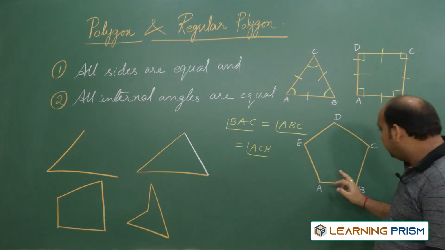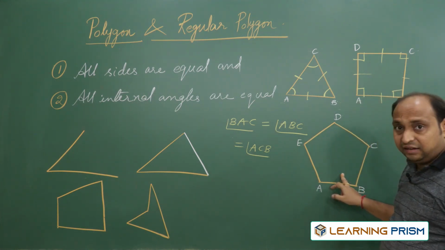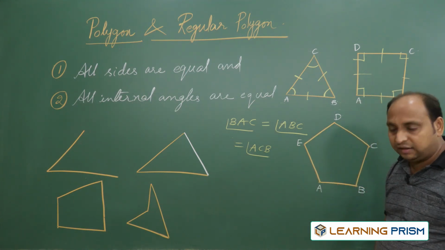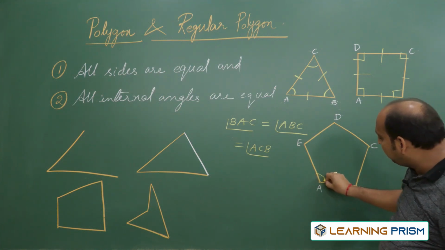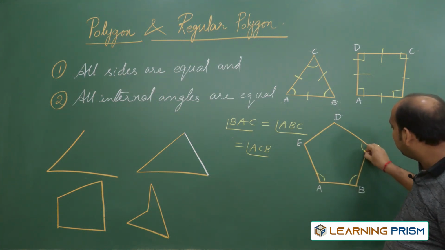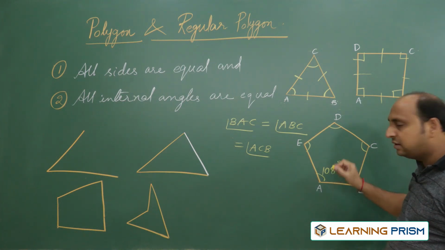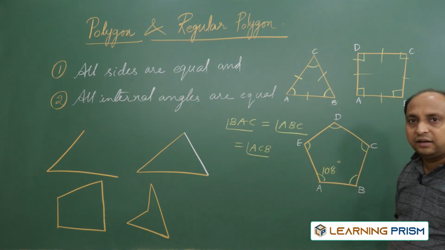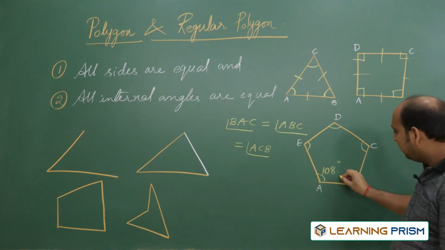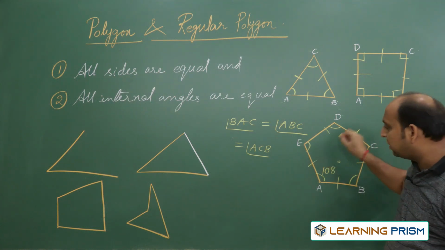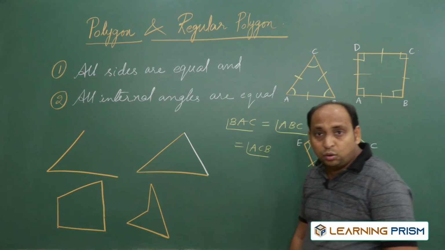So this is a pentagon, a 5-sided polygon. Here also the angles will be equal to each other. It will be 108 degrees for a pentagon. Again here also this side, this side, this side, this side, this side, all the sides are equal to each other.